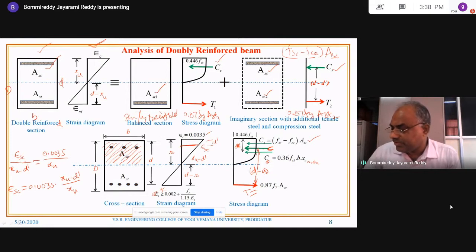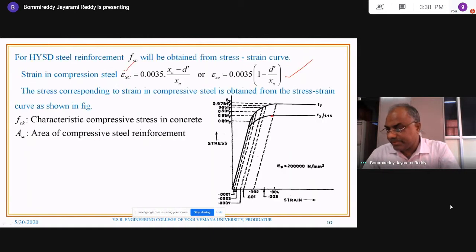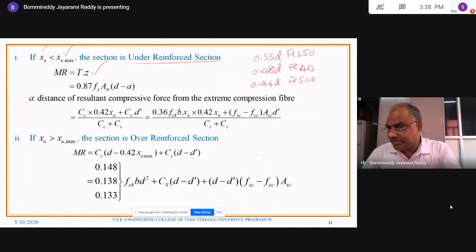So what is the A value? A is the center of gravity of CC and CS, that is, the distance of the resultant of compressive force from the extreme compression fiber. CC is the compressive resistance of concrete, which is acting at a distance of 0.42 XU.